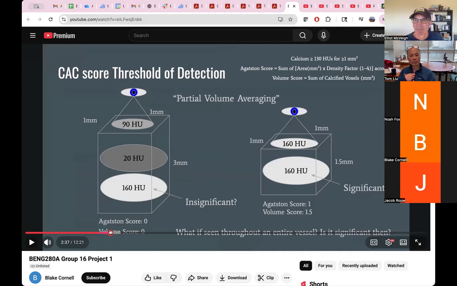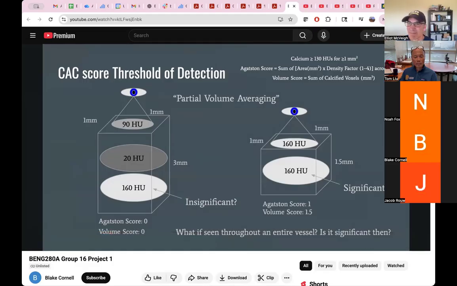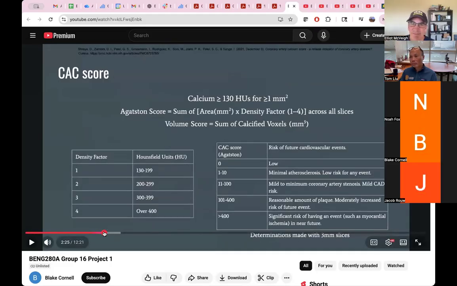So the Agatston score is the area of pixels that have a Hounsfield unit above the 130 threshold, multiplied by the density factor, which is how dense the calcium is, and then you're adding that over all of your slices. So that's the Agatston score.